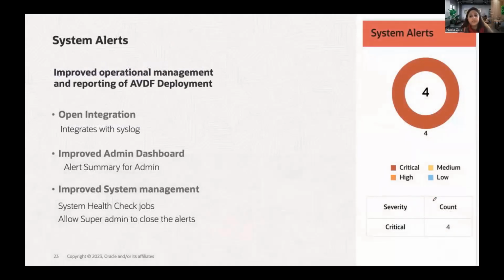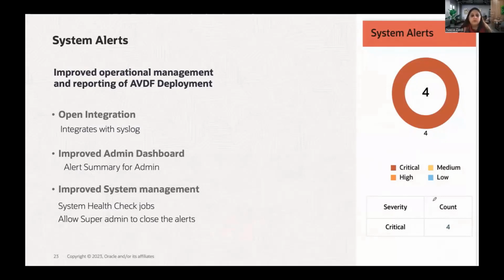Okay. The other part we introduce is system alerts, right? We did not have this capability before, where operational management can be improved and your reporting of AVDF deployment can become much easier.